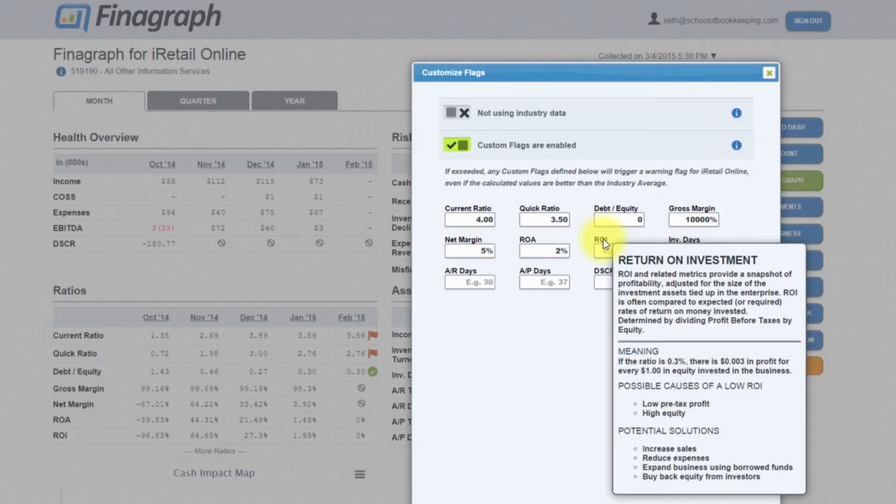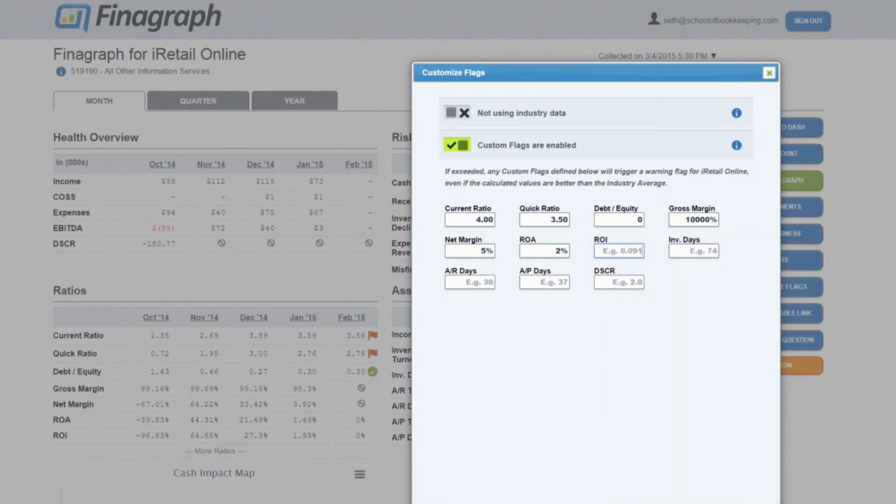So again, take net income divided by equity. That's your ROI. Again, we'd like to see that increase, if anything, over time. We're at 1.93%. I'm looking in the grayed out background there. Let's just say we want it at 0.02. Let's get that up to 2%.